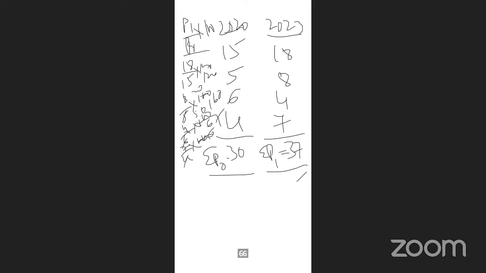Can I take it as 67? Okay. Now, ma'am, 25 into 7 is 175.